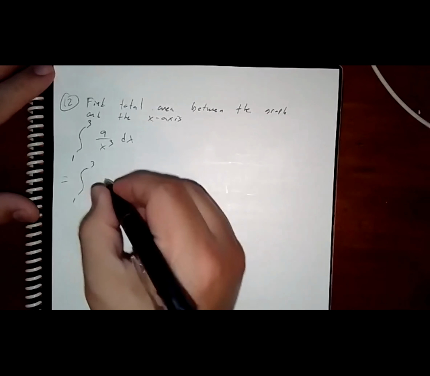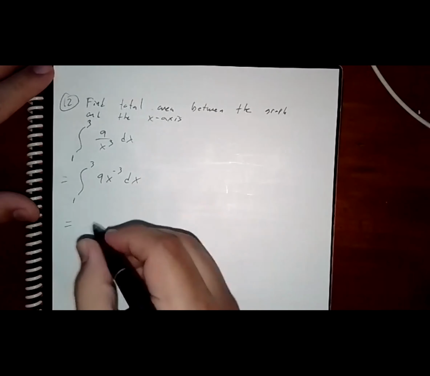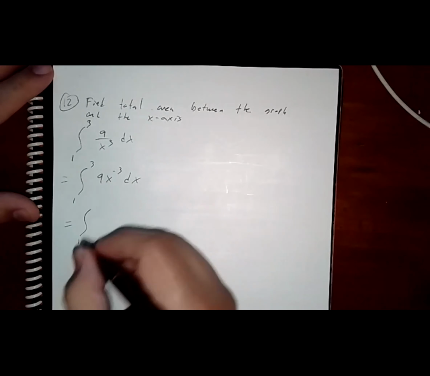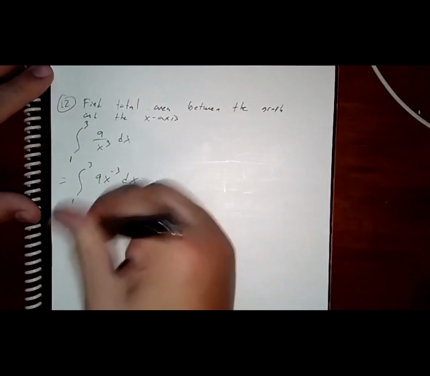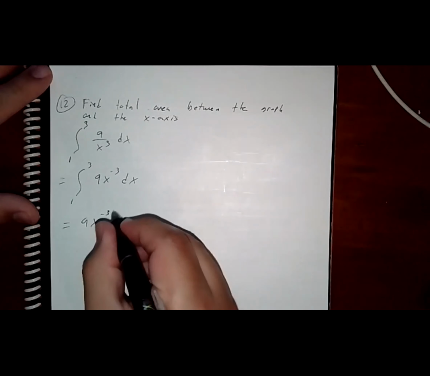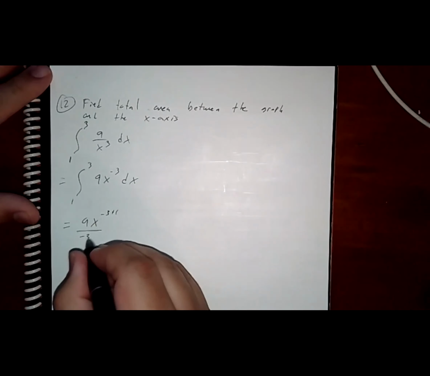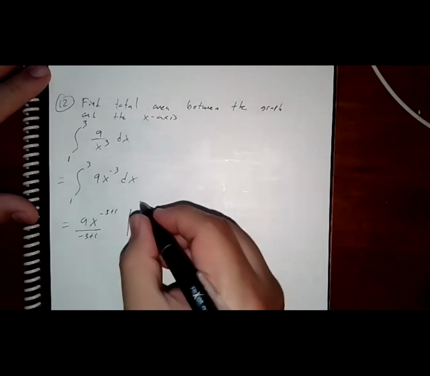So rewrite this guy as x to the negative 3. And then go ahead and integrate, I suppose. So that'd be 9x to the negative 3 plus 1 over negative 3 plus 1, from 1 to 3.